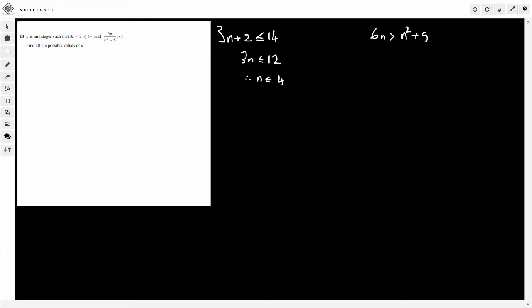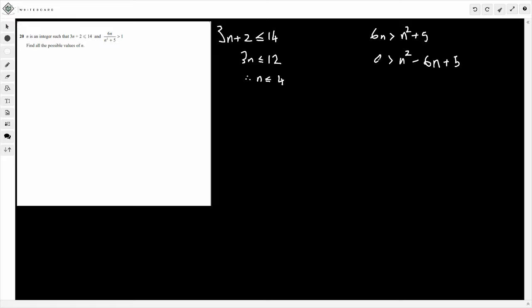So this is now a quadratic inequality and we need to solve it. To solve this, we need to get it all on one side. So I'm going to take this 6n across and keep the n squared positive. That's going to be 0 is greater than n squared minus 6n plus 5. This looks a bit tricky and can confuse a lot of students, but don't let it daunt you.